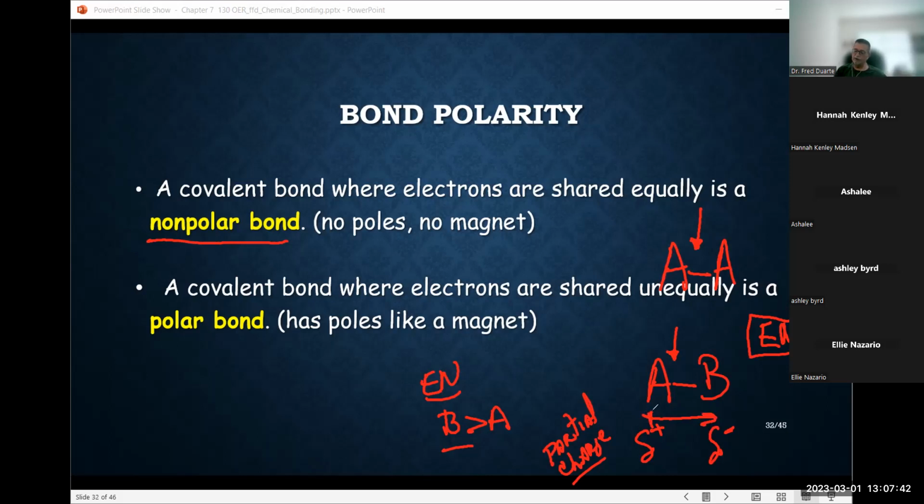So it designates that that's the positive side, and the arrow points to the partial negative side.